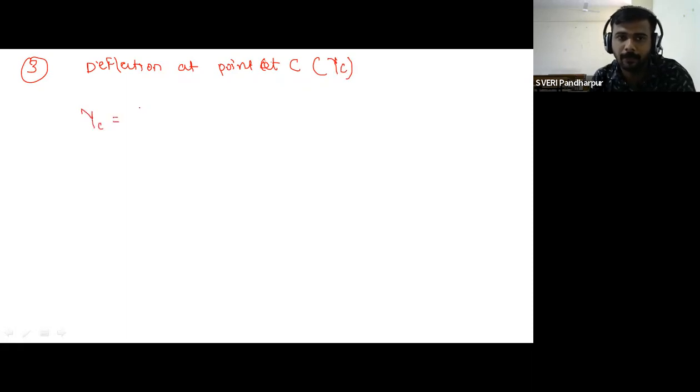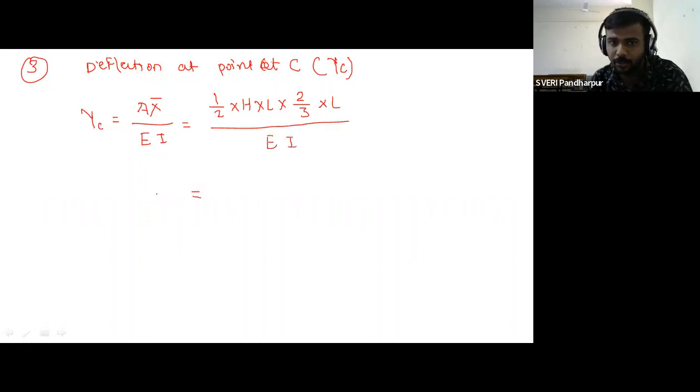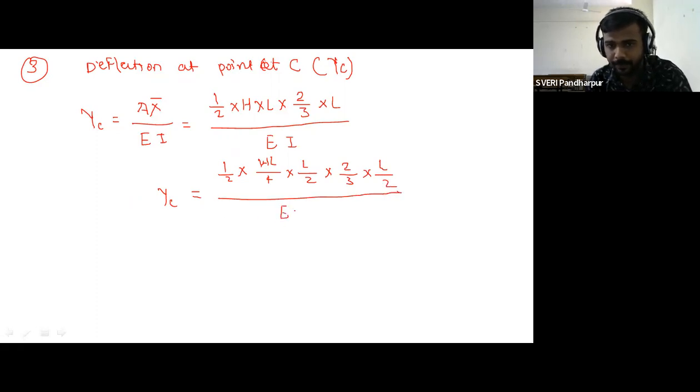YC is equal to A X bar divided by E into I. So what is the area formula? 1/2 into H into L into, what is the X bar formula for the triangular section? 2/3 into length, divided by E into I. So this is equal to 1/2 as it is. What is the height? WL divided by 4. What is the length? L by 2, into 2/3 into L by 2, divided by E into I.